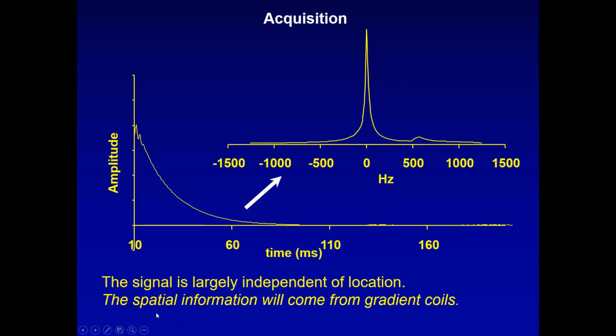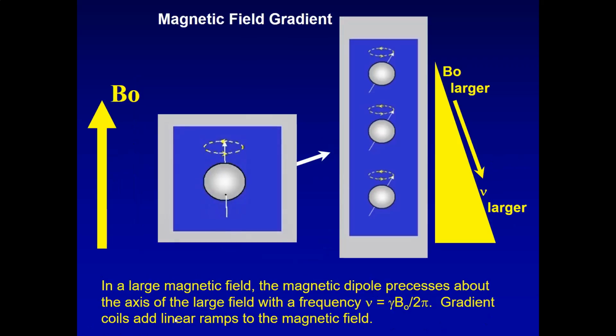The gradient coils provide us the spatial information that we need. So we've discussed gradient coils before, and we'll have a little review now. Here again is B0, the large magnetic field strength, and here is an example of a spin precessing around the B0 axis of the magnet.